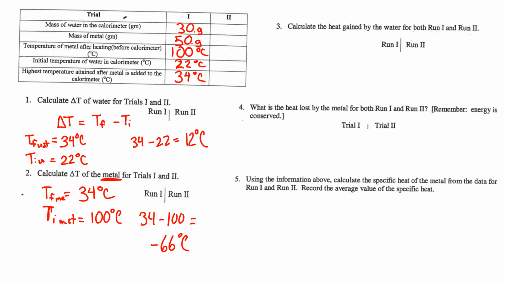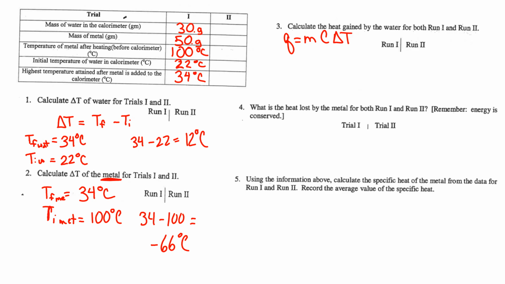All right. Now, getting to number 3. It says calculate the heat gained by water for both run 1 and run 2. So remember, when we're calculating heat, we're using Q equals MC delta T. Now, make sure you're using your numbers and not my numbers.